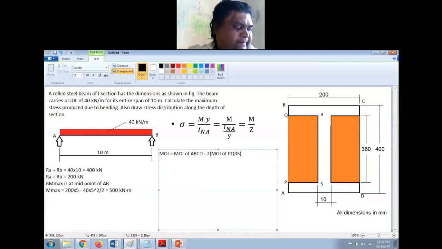Is that okay? Right? So what I have done, I have calculated the moment of inertia of this minus moment of inertia of this and this. That will give me the moment of inertia for the entire I section.